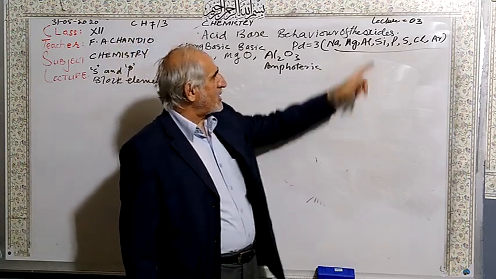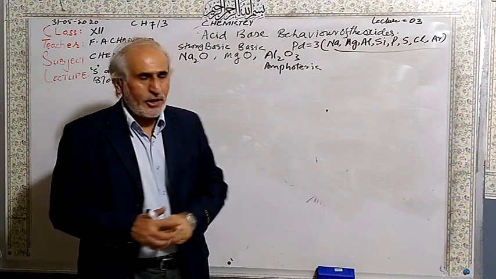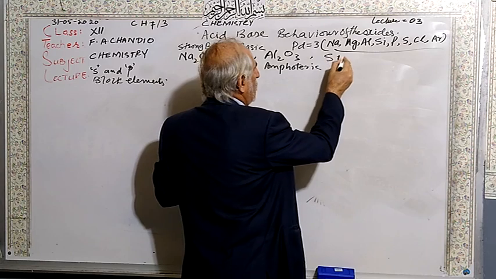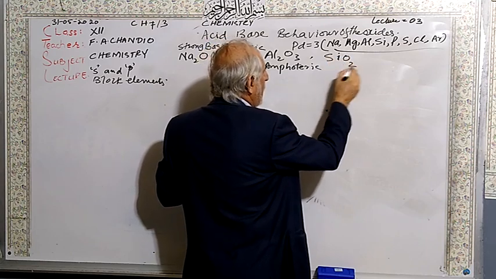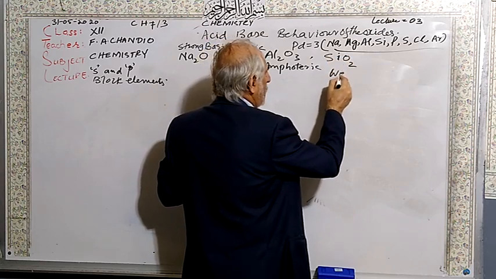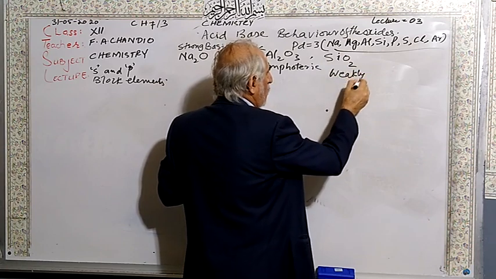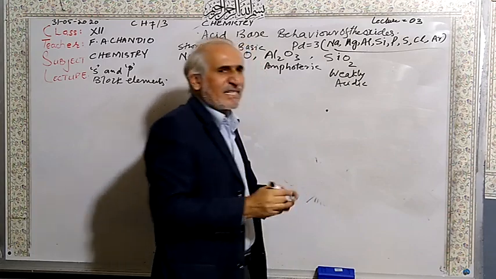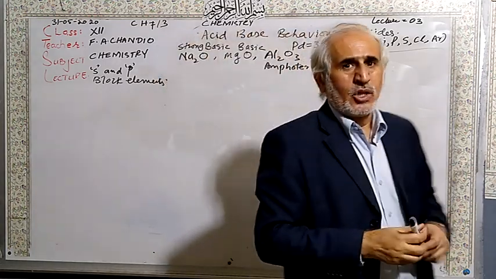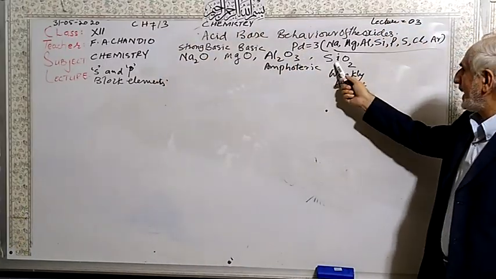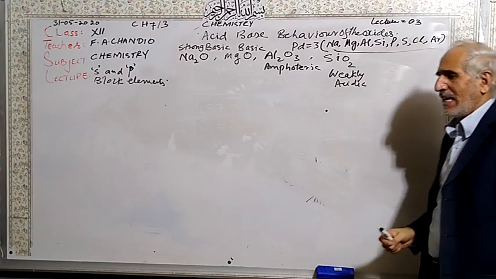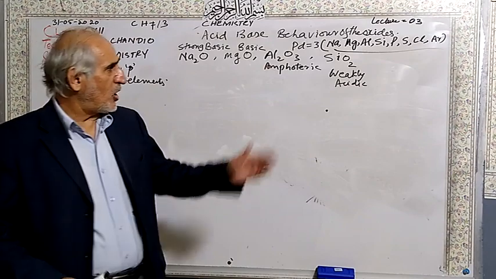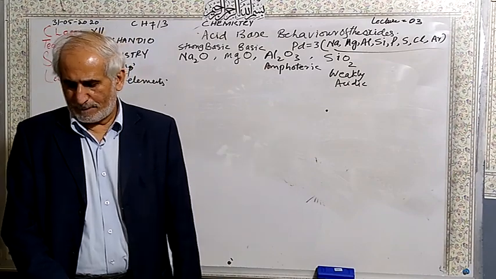Now after that, silicon dioxide. So from here acidic character starts. The solution of silicon dioxide is weakly acidic.